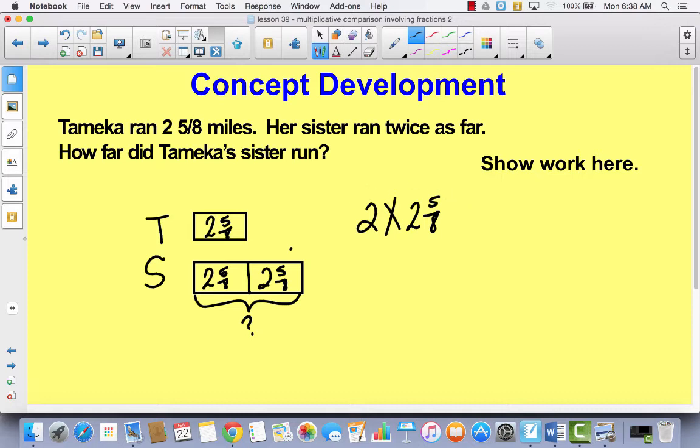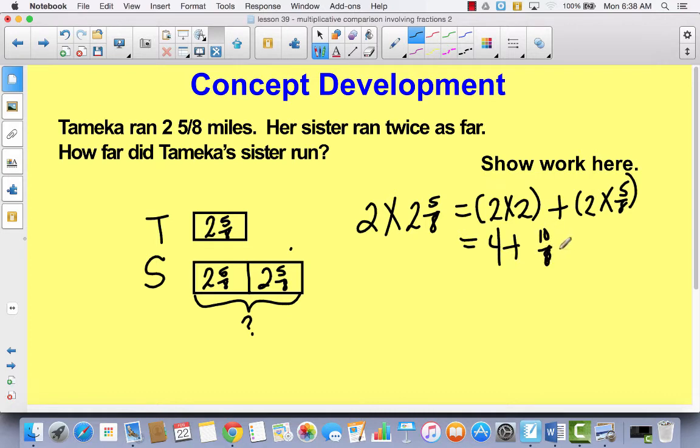Okay, I'm going to solve this using multiplication since I already have this written here. I have 2 times 2 plus 2 times 5/8. That's going to give me 4 plus 10/8. Well, 10/8 is an improper fraction, so I'm going to change this to 8/8 and 2/8.